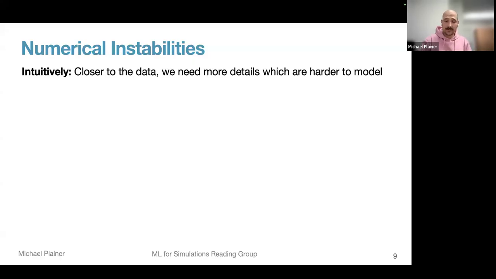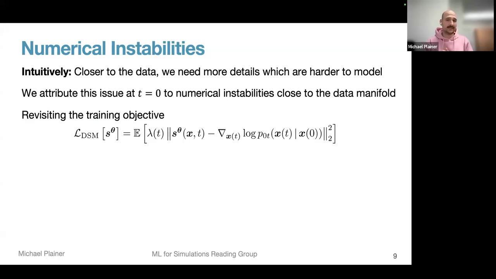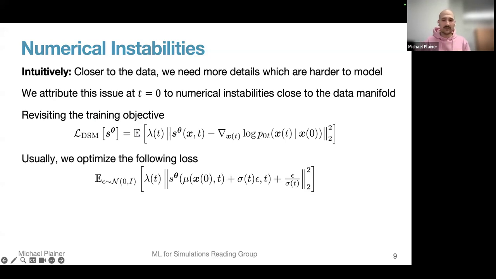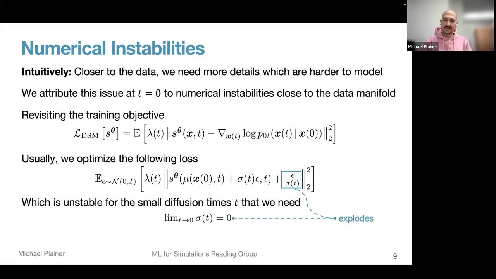But also, unfortunately, we have some numerical instabilities. So for instance, when we look at the training objective from before, usually we rephrase it like this. We take our score, our neural network, and apply it to some noisy samples, and then match it with the target, which is the noise epsilon, a random Gaussian distributed variable, divided by our noise level.